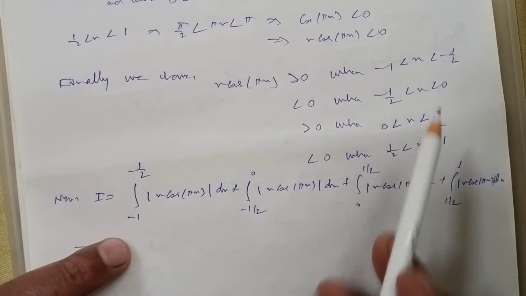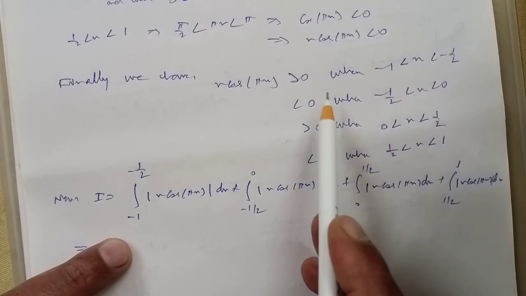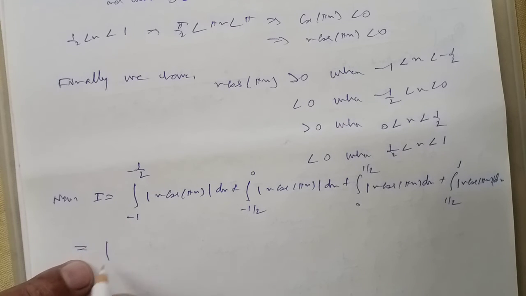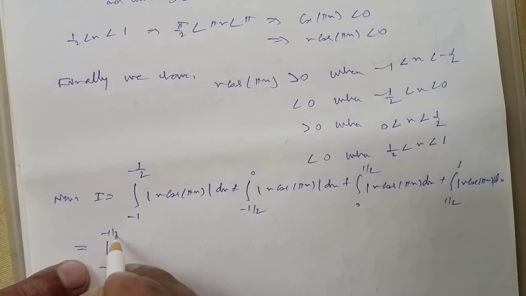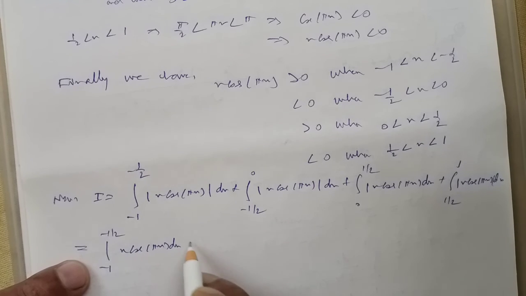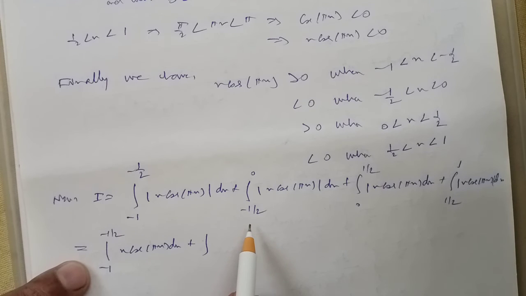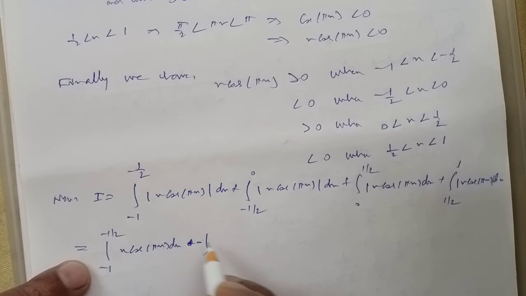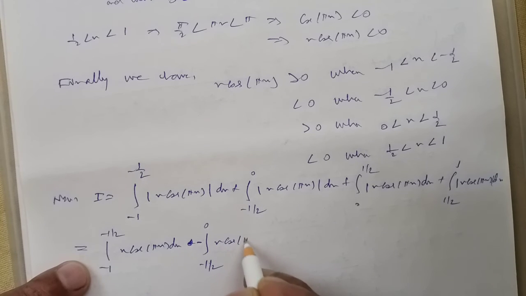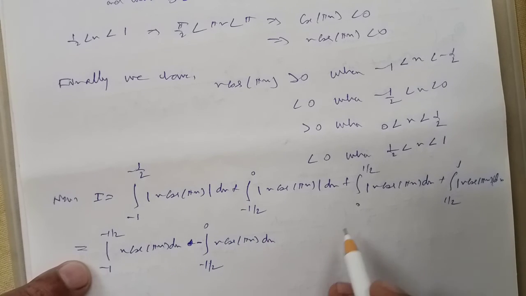Now look, in the interval -1 to -half it is positive, so we get integral -1 to -half x cos of pi x dx. Then in the portion -half to 0, this is negative, so we get minus integral -half to 0 x cos of pi x dx.